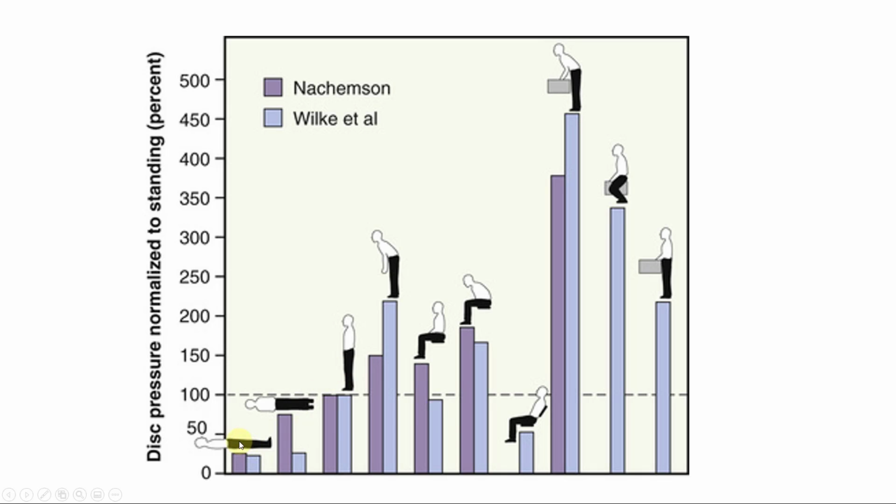They showed that obviously laying down or sitting reclined in an appropriate spinal position decreases disc pressure, but sitting and leaning forward, you actually have more disc pressure in sitting than you do in standing. So this is why sitting, especially for prolonged periods of time, particularly sitting and twisting or in a posterior pelvic tilt, can be very damaging to the tissue.